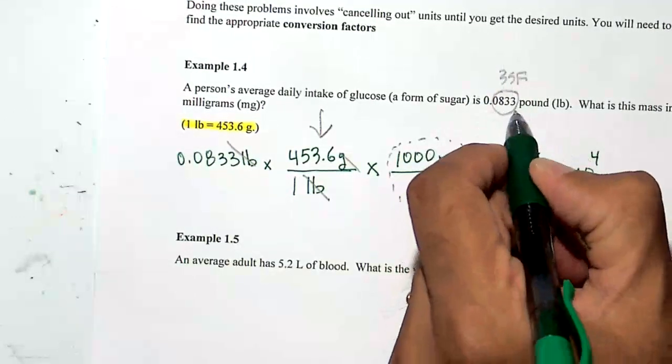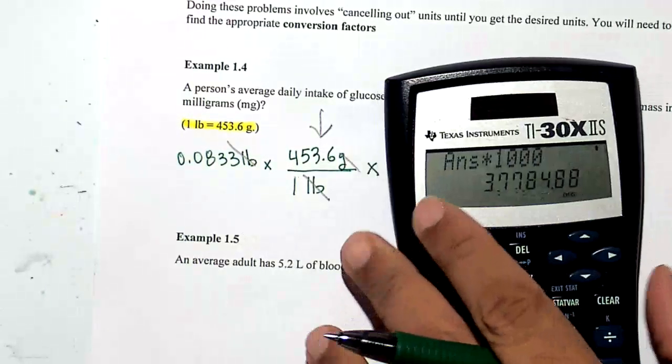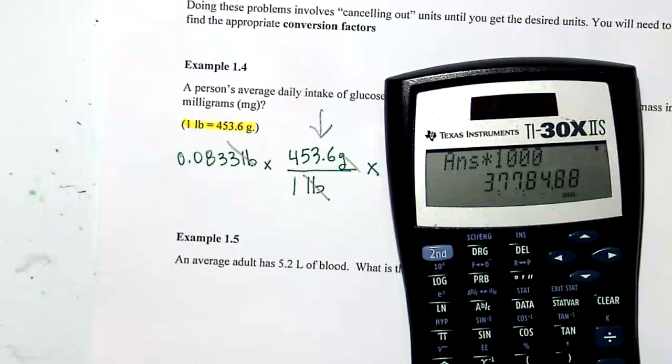The reason why I put it to 3 sig figs is because the number in my problem has 3 sig figs, and I decided to report that in scientific notation to get it to 3 sig figs.